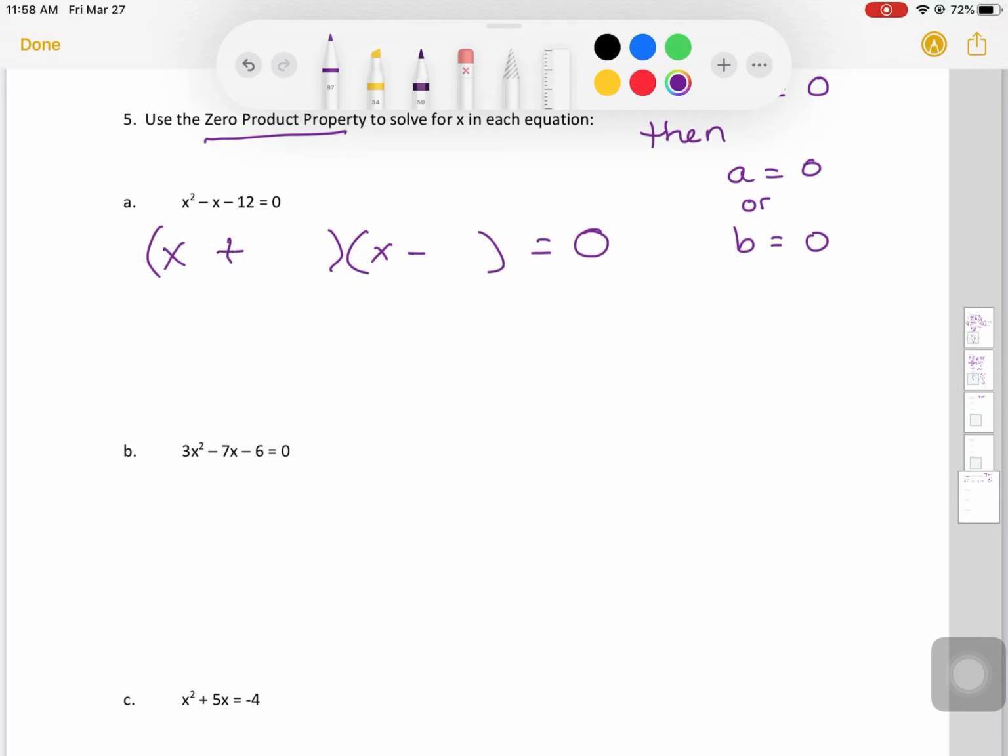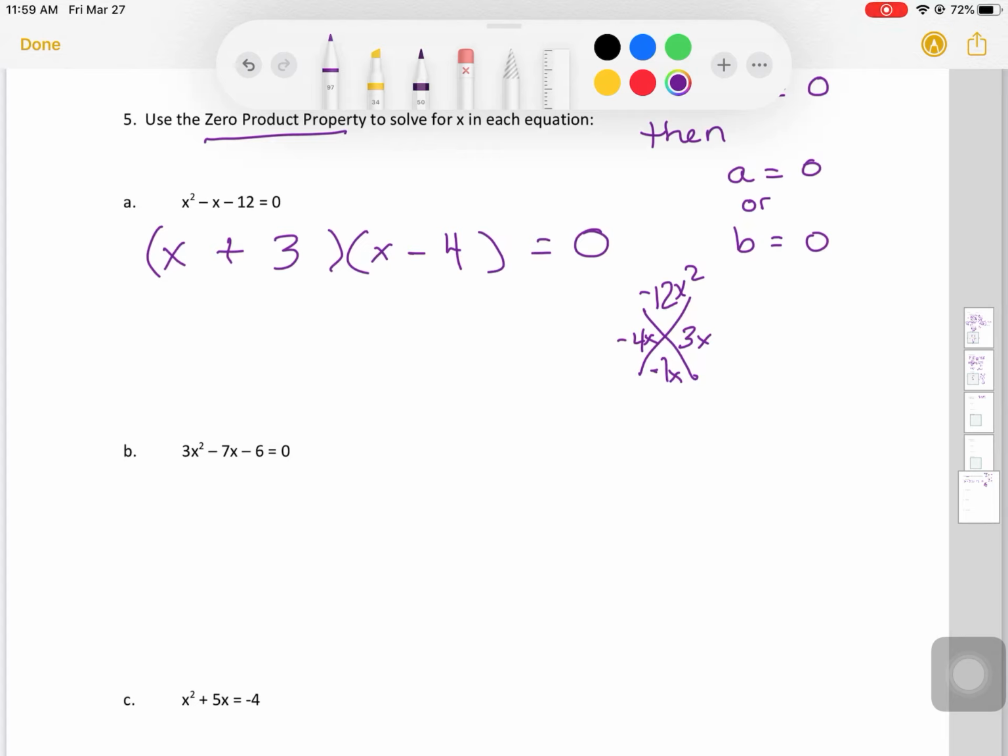But this one, I know it has to be a plus and a minus. And I know that I want a sum. If you're thinking about this, in the diamond problem, the product is negative 12x squared and the sum is negative 1x. So it's got to be negative 4x and 3x. So the 2 numbers are negative 4 and 3.